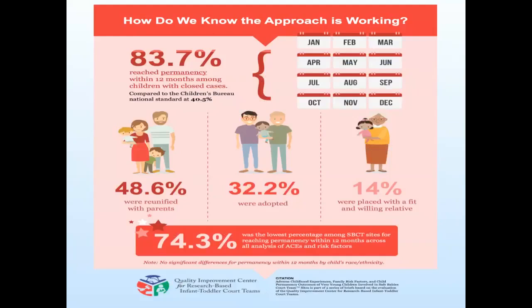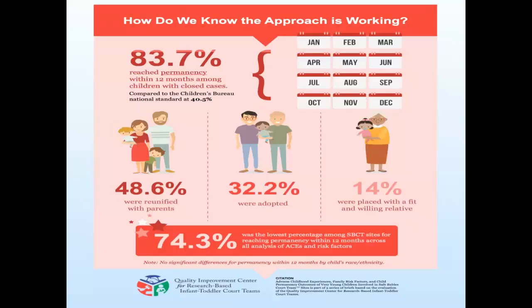And so they have done a lot of work about how do we know that the Safe Baby Court teams work? It is on the California Clearinghouse as an evidence-based intervention for child welfare. They found that almost 84% reached permanency within 12 months. And of those, almost half, or 48.6%, were reunified with their parents, 32% were adopted, 14% with a relative.